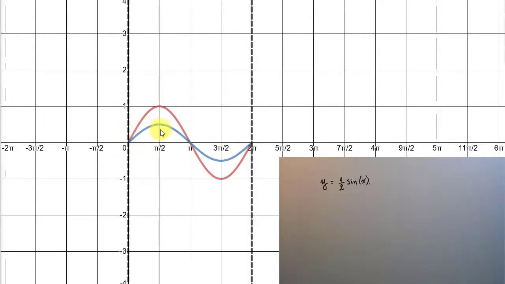So this is where our blue wave has a different amplitude.